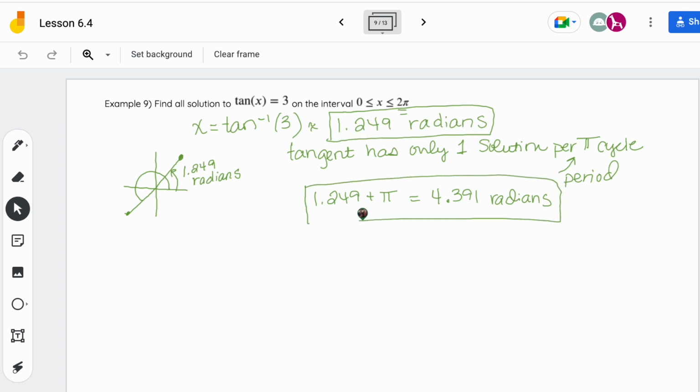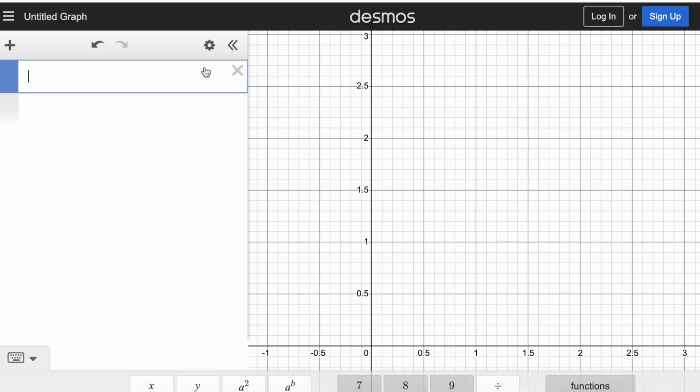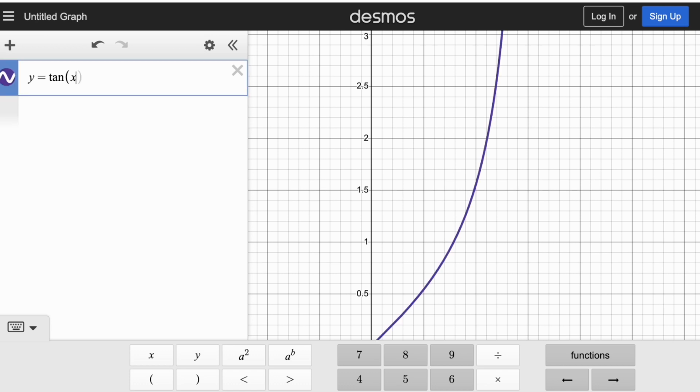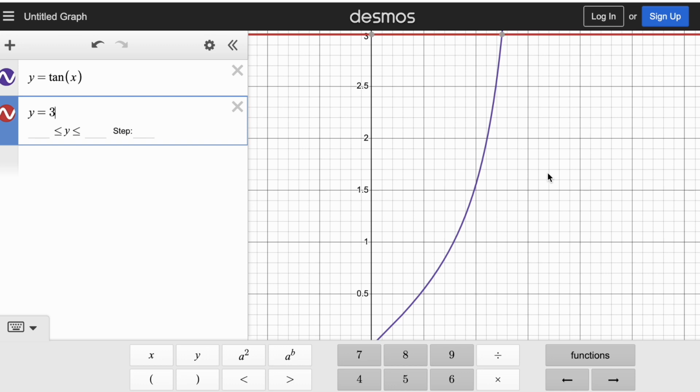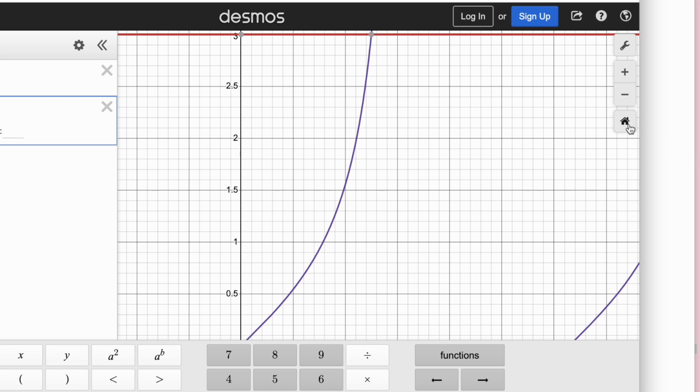We could also utilize our graphing calculator to assist with this since we are in radians. So if I start off by saying y is equal to tangent of x, and our second one is y is equal to 3, where do these two intersect? Here we are.